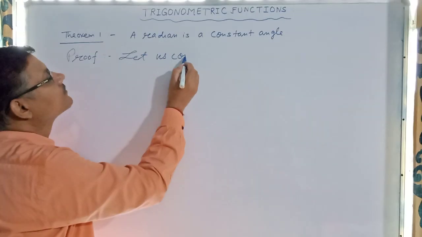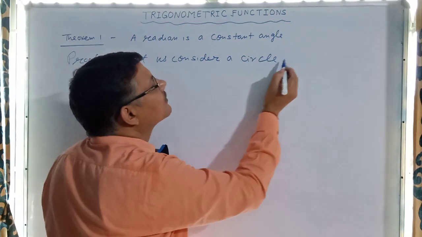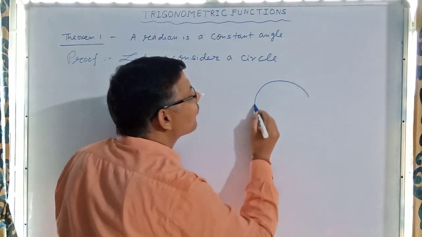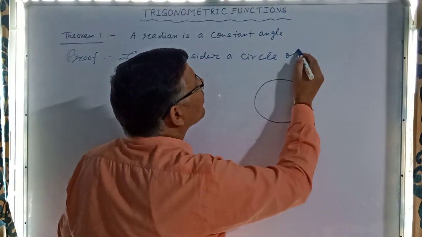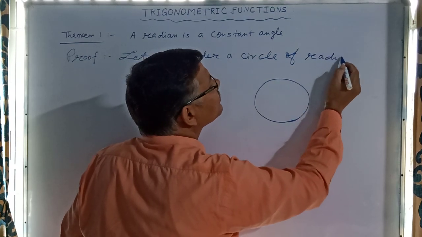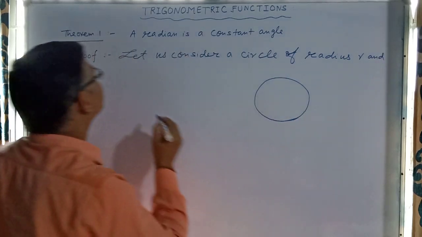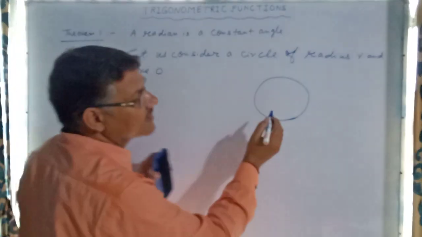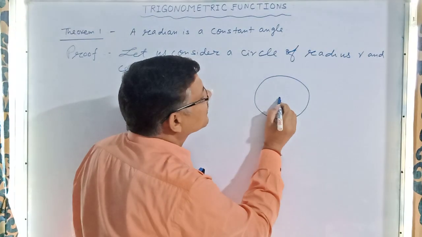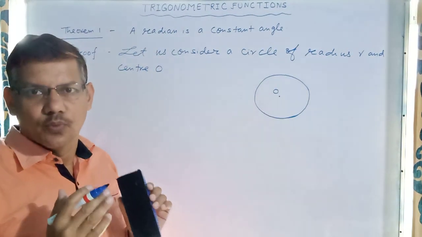So let us consider a circle of radius r units and center O. So this is the circle and we consider its center as O. Now somewhere we have to manage an angle of 1 radian.